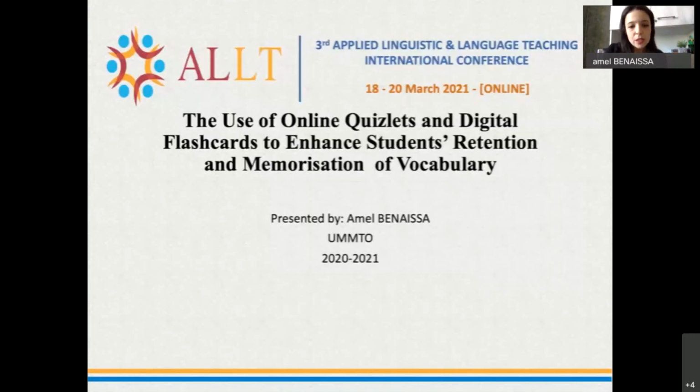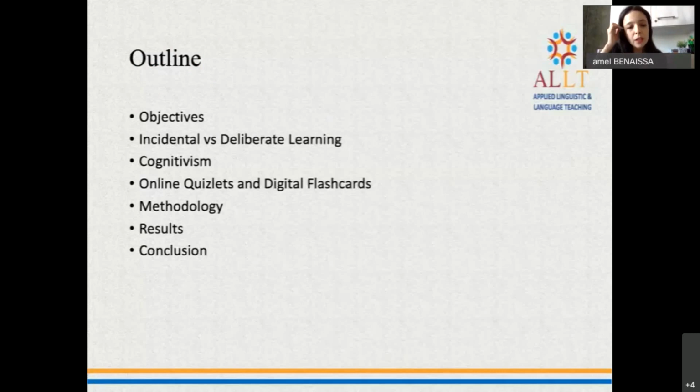So the aim is to see the impact of online Quizlets and digital flashcards to enhance students' retention, memorization, and also recall of vocabulary. Before starting, I'd like first to give an overview of the points that I'm going to cover in my presentation. Because it's an experimentation that I have conducted with my students, I will mention the main objectives.